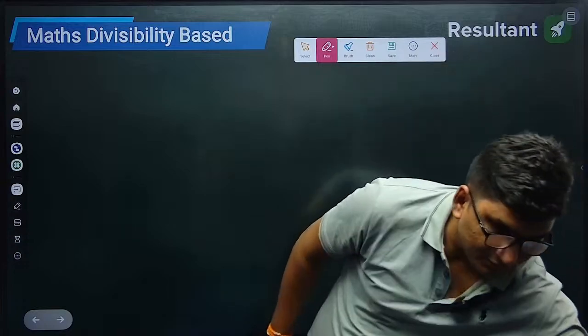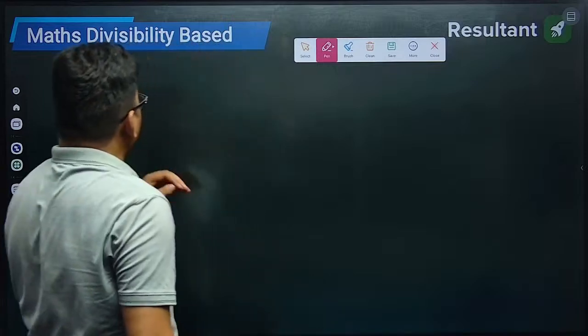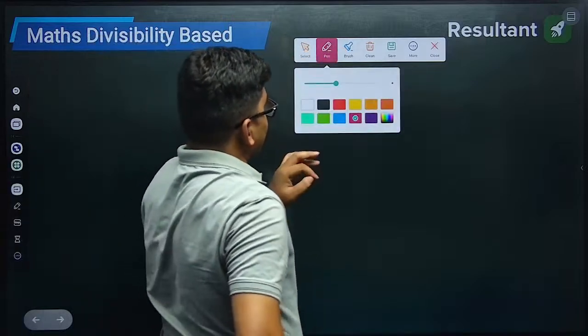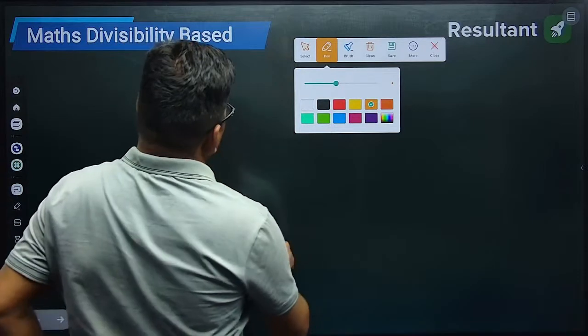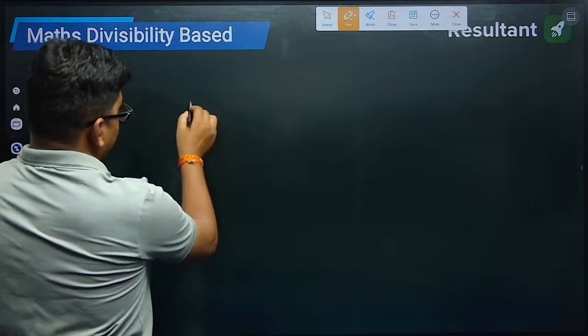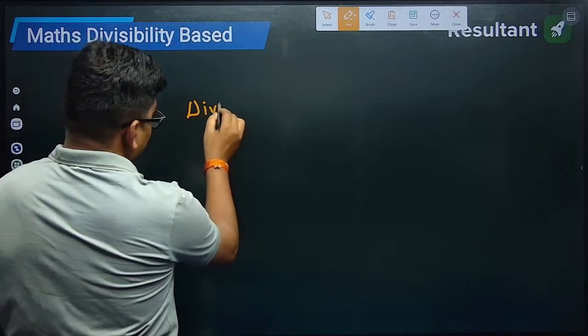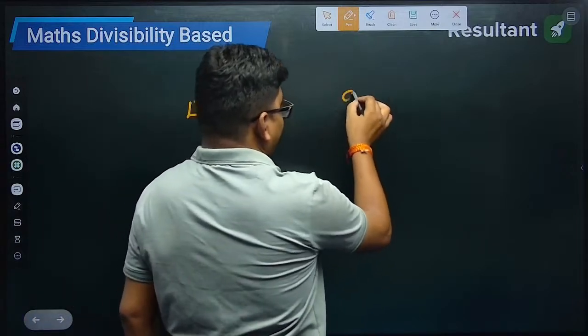So now we will know one thing here. What is the difference between divisibility and divisible, or you can say divide? There are two terms here. First is divisible and second is divided.